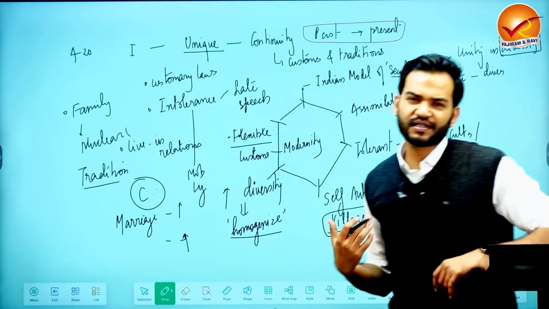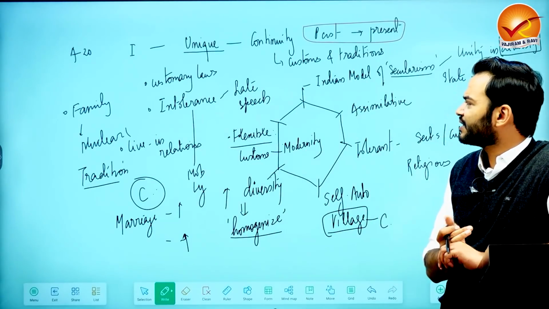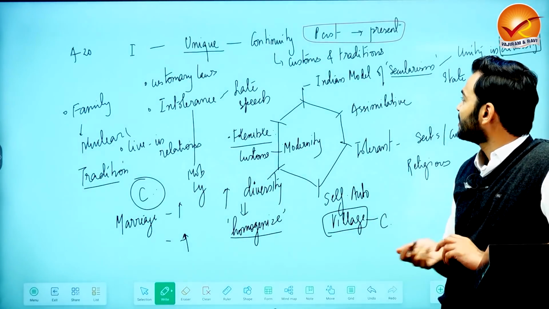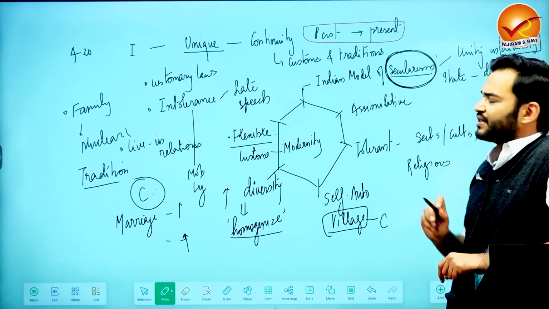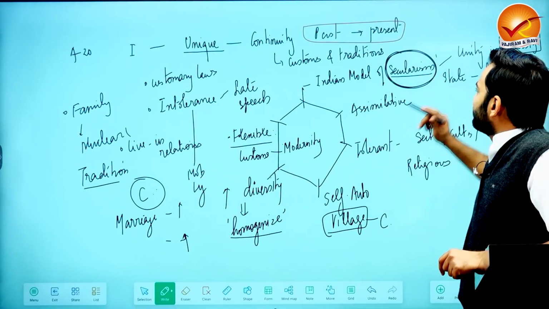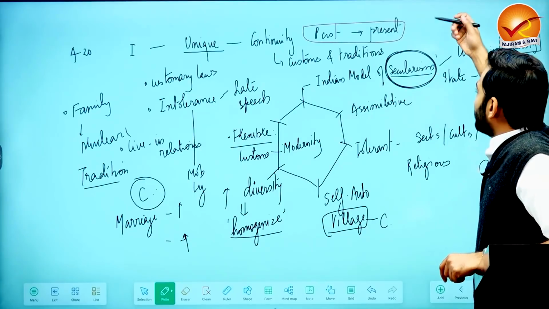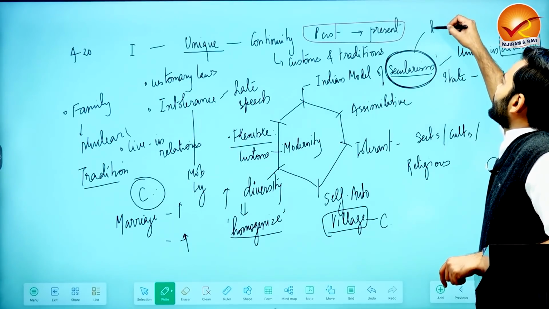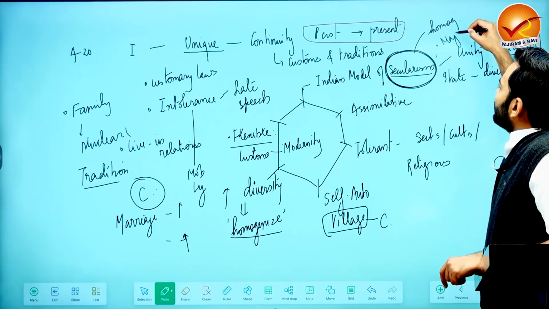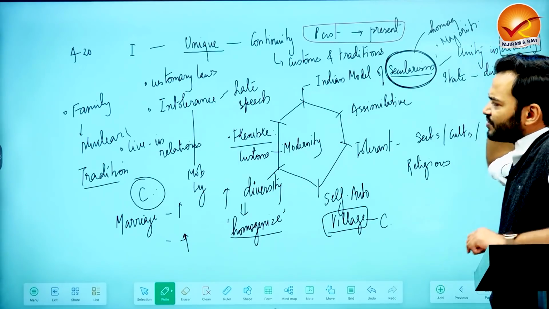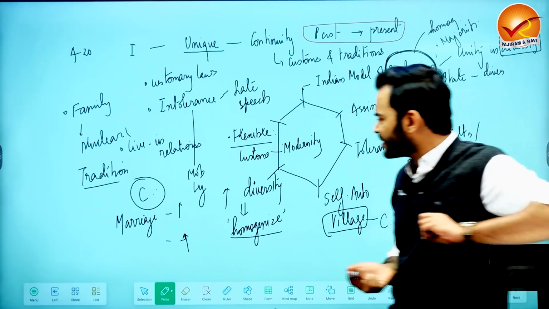So these are some of the changes which have been happening in the society in the present times. So less impact is placed on Indian model of secularism. The right-wing oriented political parties want to move towards homogenization and follow the idea of majoritarianism. So this you can write, what changes are happening.